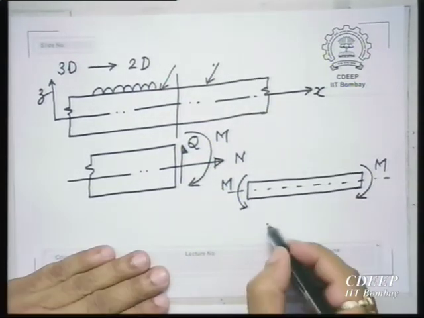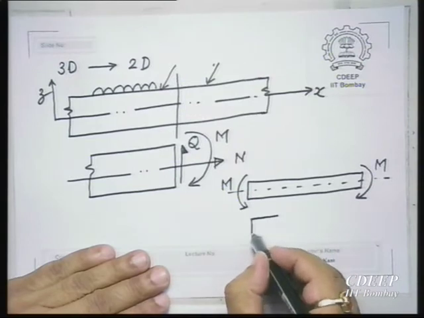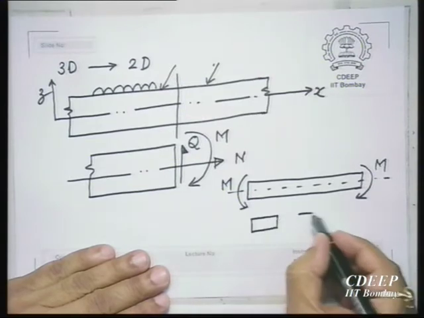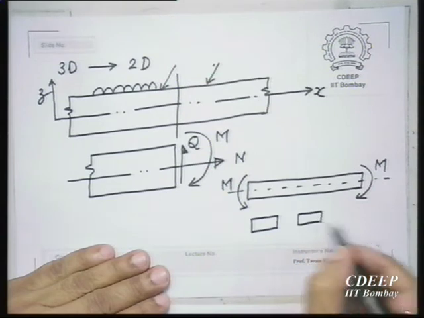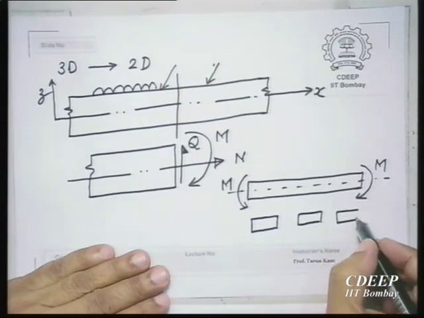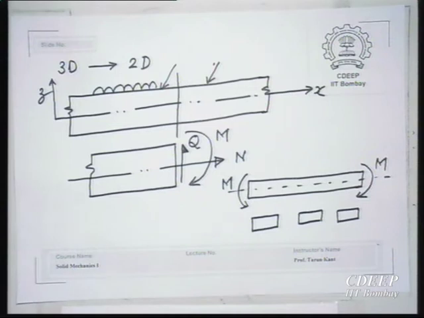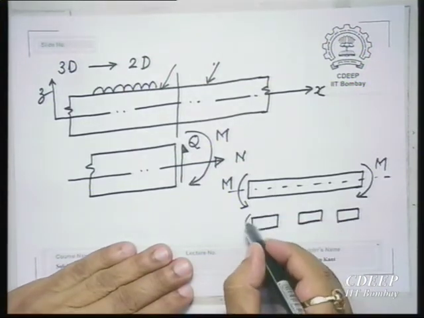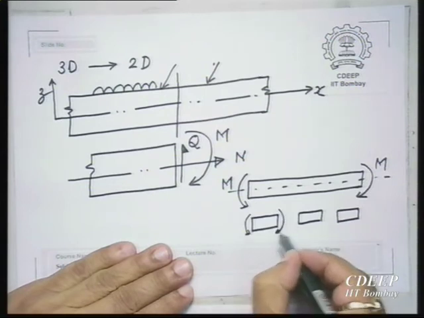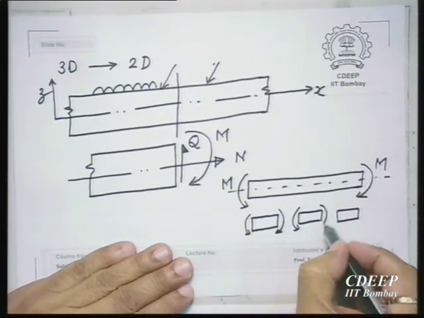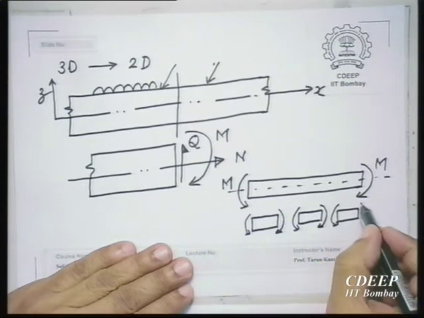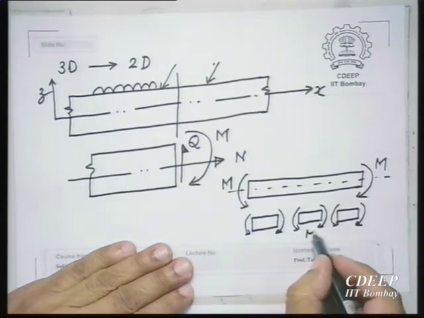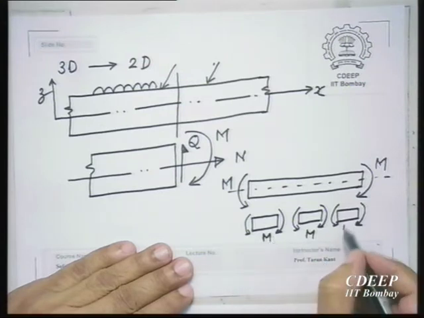If I take any small element of this beam, and the two ends of the beam are subjected to just bending moment, that means loading is specific, then every element also will be subjected to the same moment along the length.